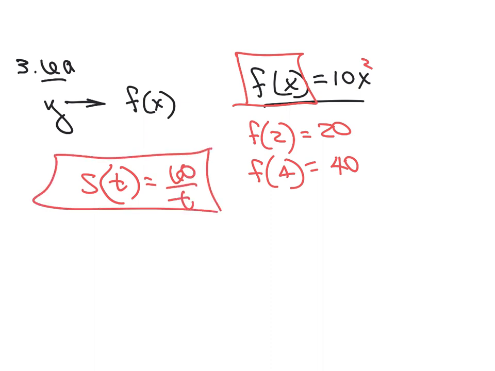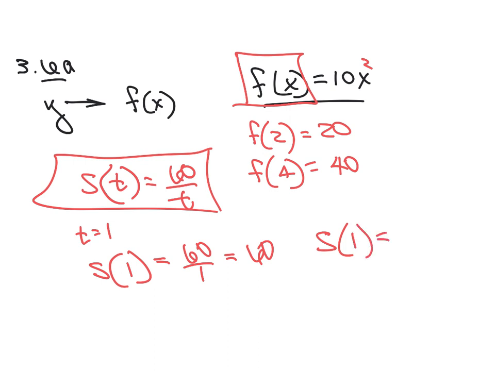That is a function. So if t is 1, I could write this as s of 1 equals 60 over 1 equals 60. So s of 1 equals 60.